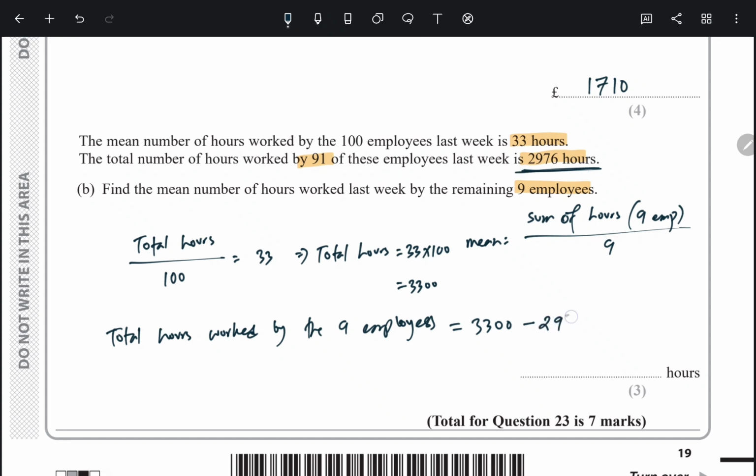So 2976, and that is 324. Now, so mean hours is going to be the number of hours worked by the 9 employees, 324, divided by the number of employees, 9, and that's going to be 36 hours.